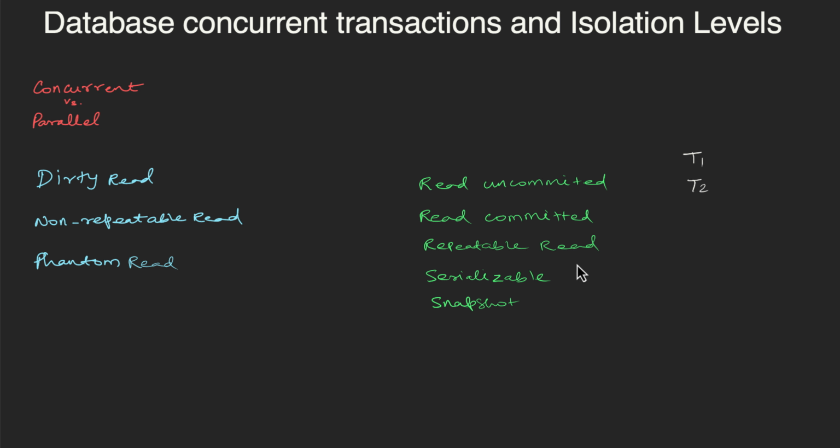The next one is called repeatable read. In repeatable read, if you take the same transactions T1 and T2, if T2 is running some query within a transaction, then it doesn't matter how many times and in how many places that particular query is run, it will get the same result back.